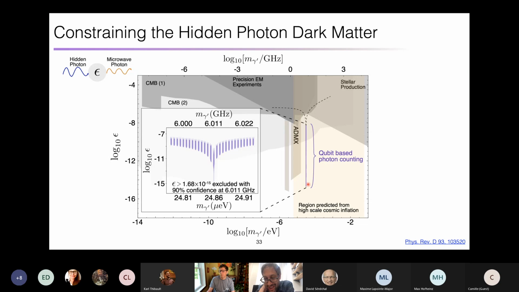If you had less dark matter, say you wanted it to be 10% of what we think dark matter is, then that would just renormalize this epsilon scale, right? But the typical thing that people do is they just assume that it's all of the dark matter, and then they go from there. But that's definitely an assumption, and it doesn't have to be correct.